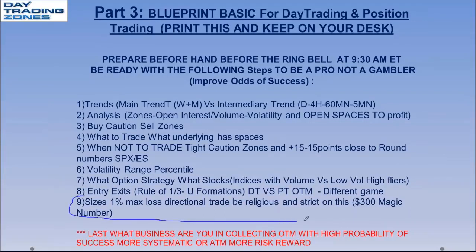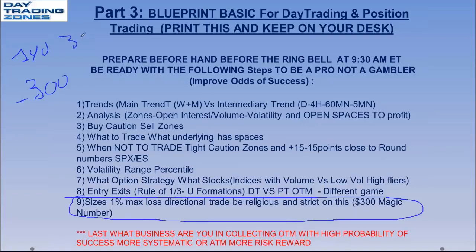Make sure when you do a directional or even an income trade, credit spread, each time you approach the $300 loss, which is a 1% loss on a $30,000 account, even if you have a $60,000 account, I'm telling you by experience, I cannot explain it scientifically. All I can explain it by is the tears, blood, and successes I had in my life, trading millions of dollars every year, that the $300 is a big problem.